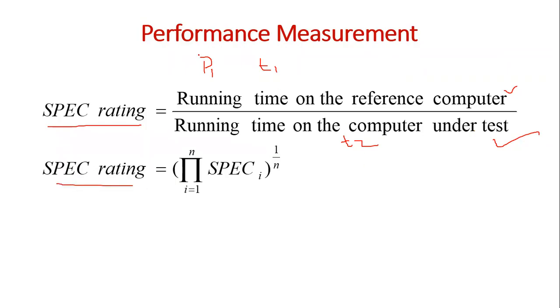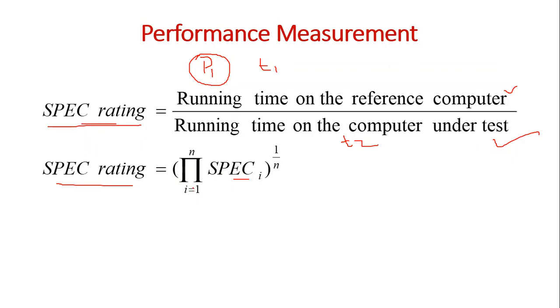So this is for one program, but with one program, you cannot decide the performance. So you take a set of programs. Say we take n programs, i equal to 1 to n. For all these n programs, calculate the spec rating. Spec i is nothing but the spec rating of the ith program.